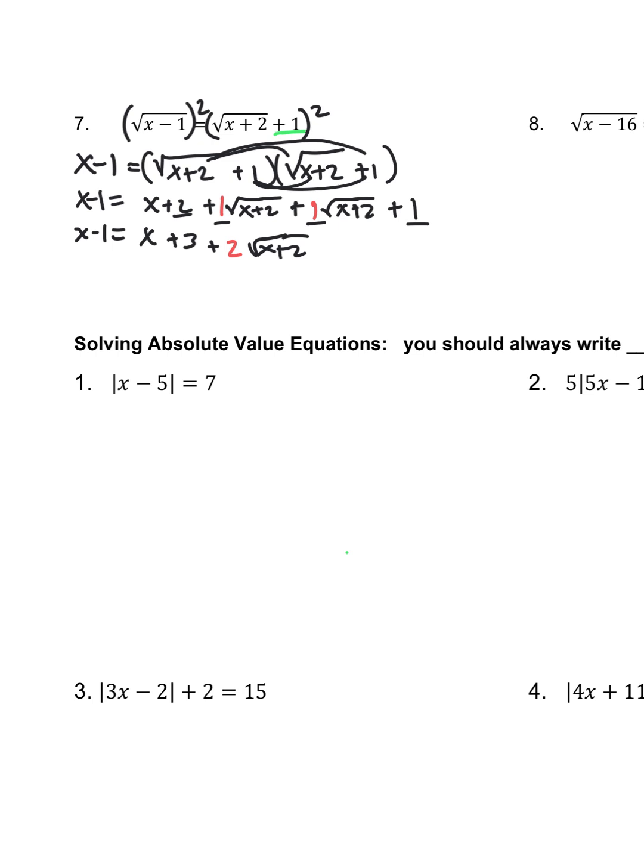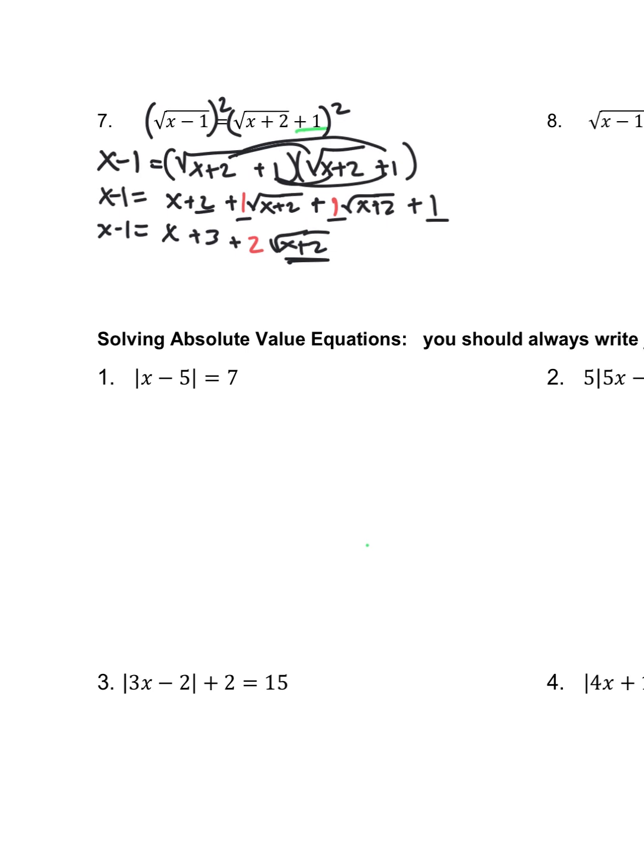Okay, so let's see what we need to do next. We see that we have a radical, so we're going to have to isolate that radical. So by moving everything to the other side. Okay, so if I look at these x's, they're exactly the same, so I can do this on each side, positive x's.